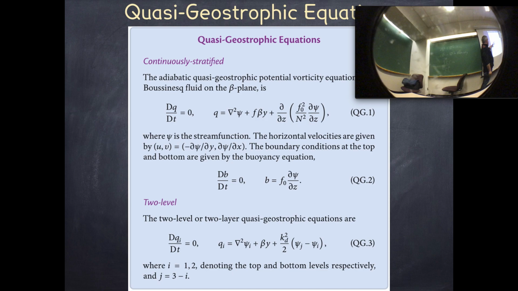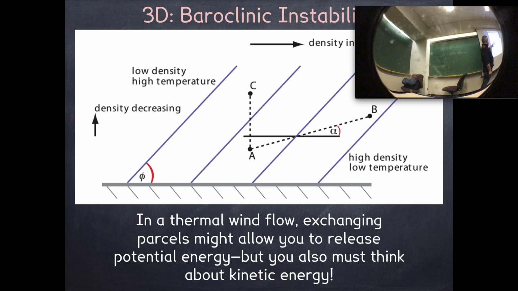Why should I be a little worried about using QG equations? We have a thermal wind. That's great. QG equations can do that. What's missing from the QG equations? What phenomena gets removed when you go to QG from shallow water equations?